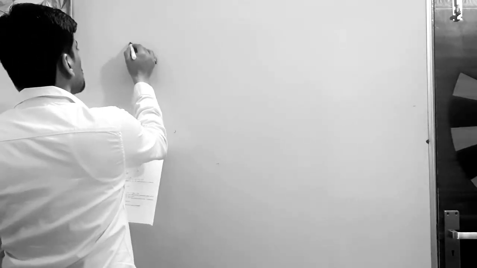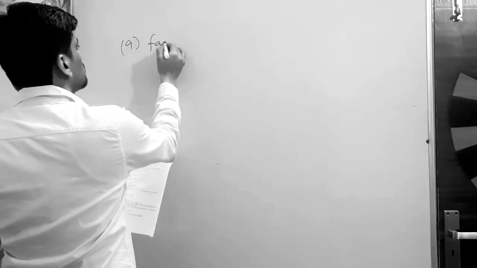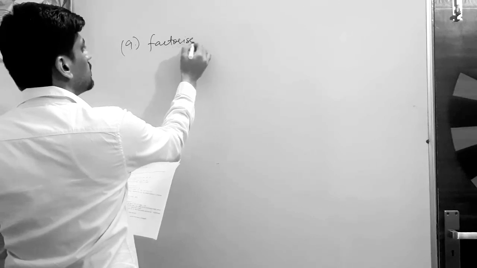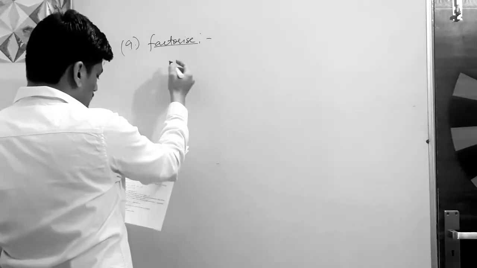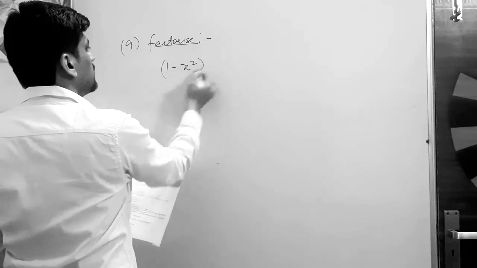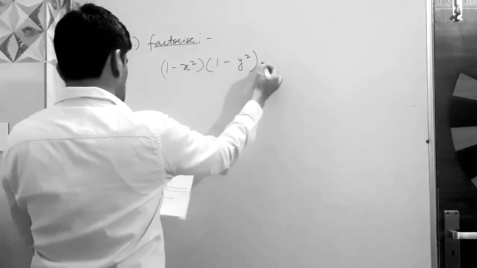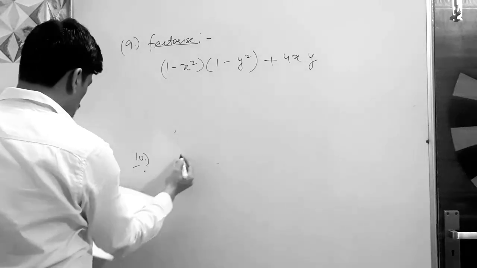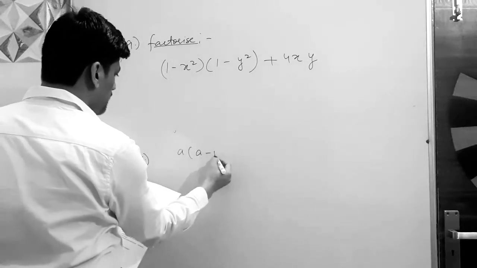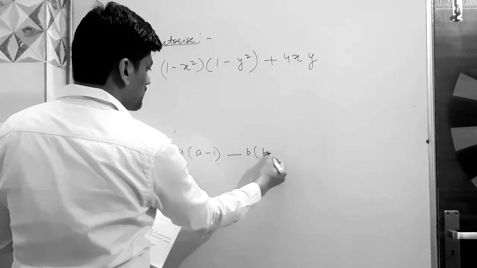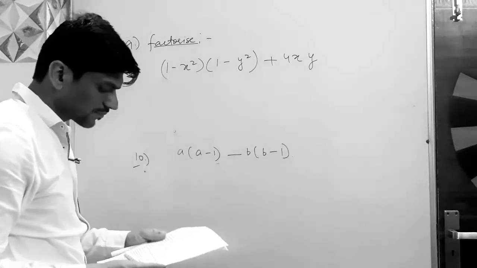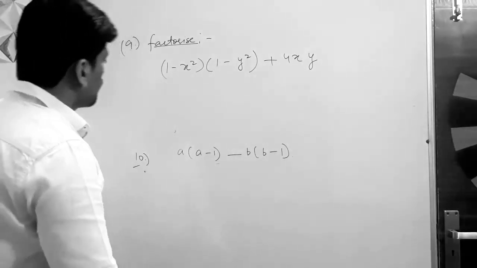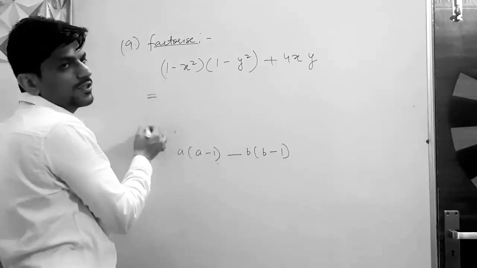So question number 9 is factorize (1 minus x square)(1 minus y square) plus 4xy. And the 10th question also let us do, factorize a times (a minus 1) times b times (b minus 1). Okay, let us do this factorization.